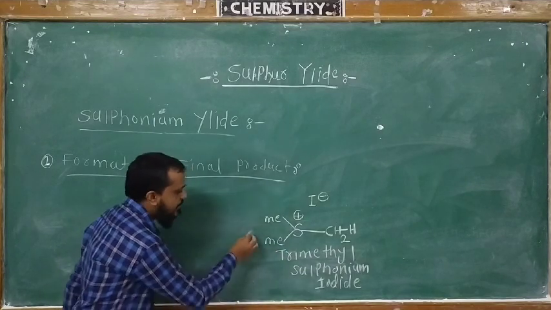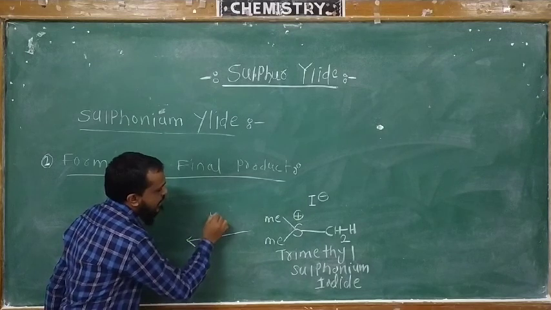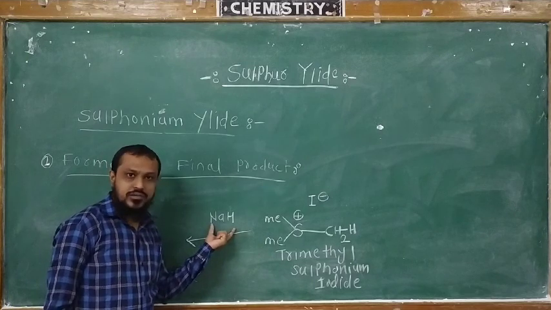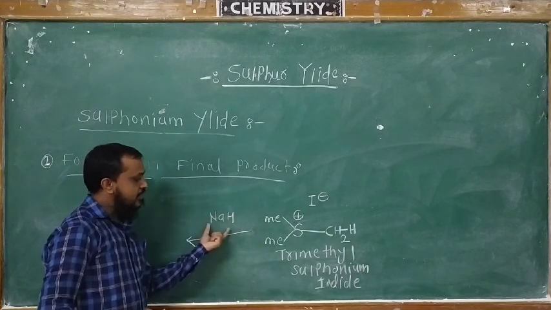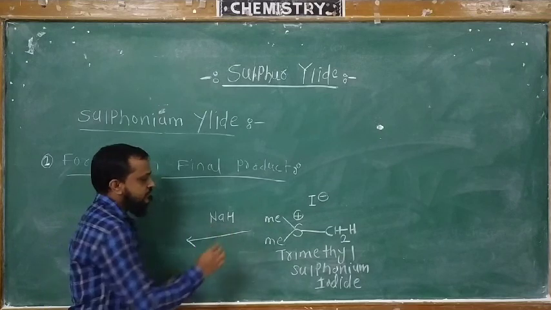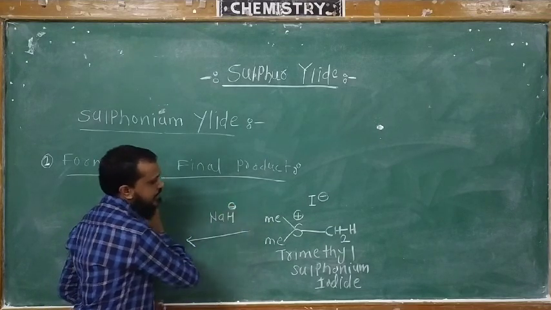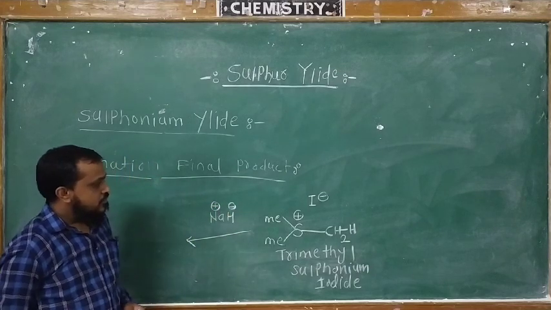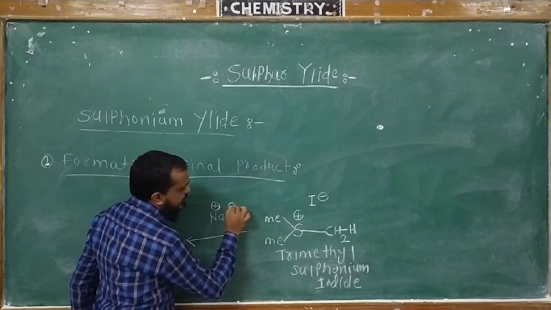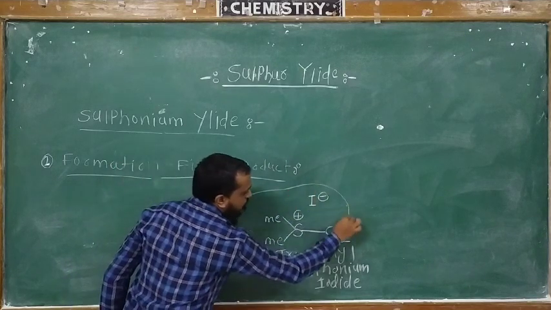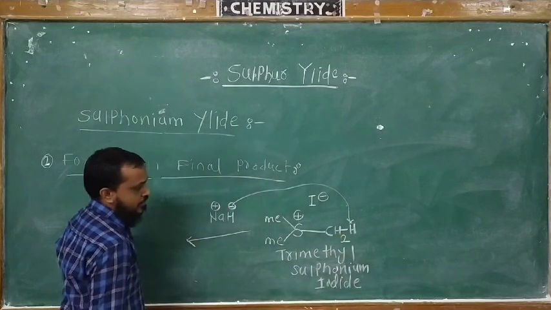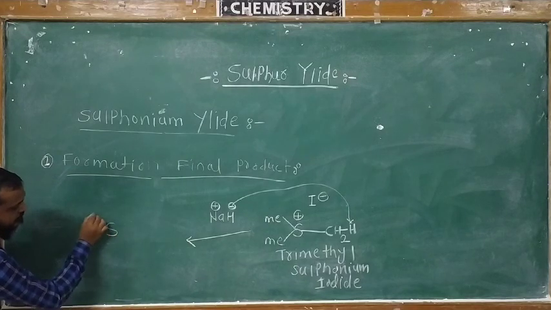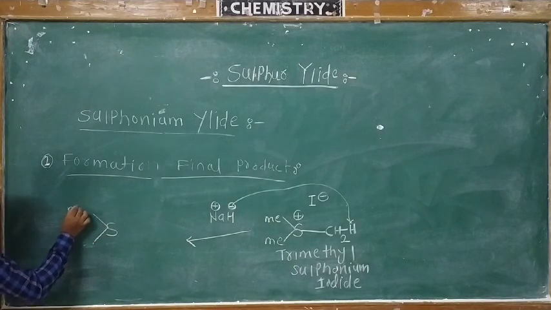So generally here I have taken NaH, sodium hydride. Sodium hydride is a strong base. When sodium hydride undergoes ionization, then hydrogen bears a negative charge and sodium bears a positive charge. So this negatively charged hydrogen attracts one proton from here, and we will get our final product, sulfonium ylide.